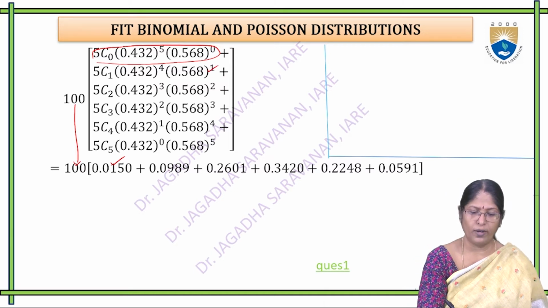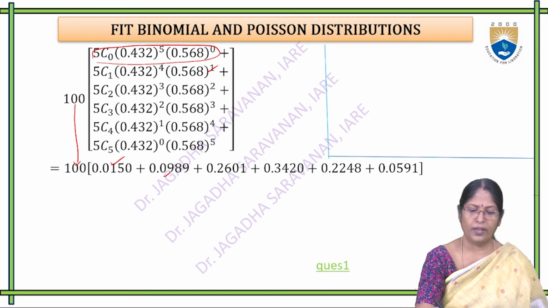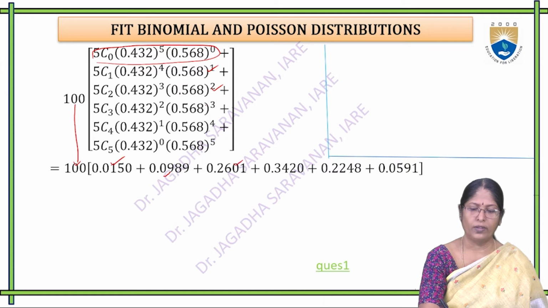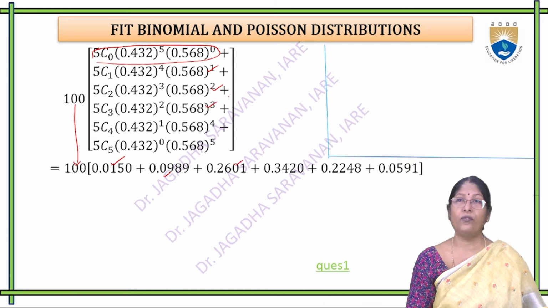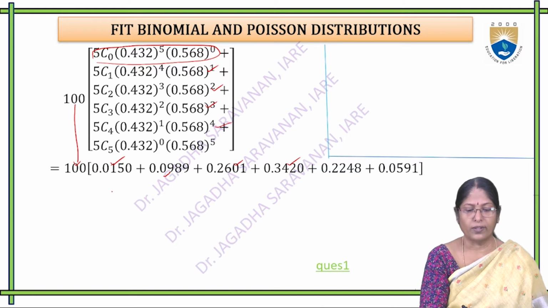The second one, we obtained 0.0989. The next one, 0.2601. The next one, 0.3420. So we can see it in a minute.